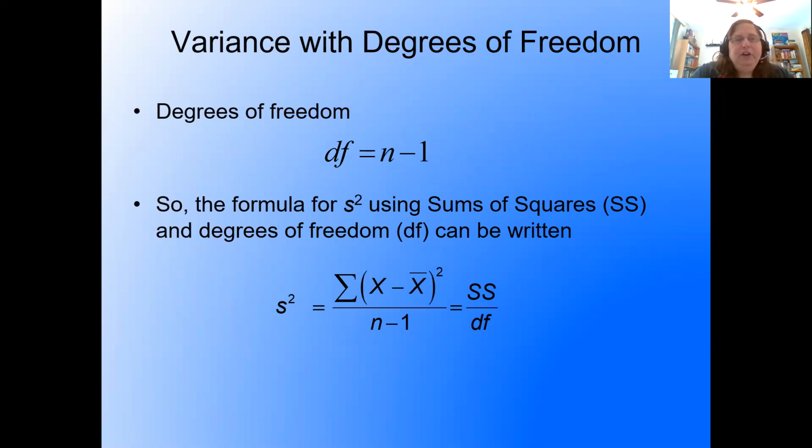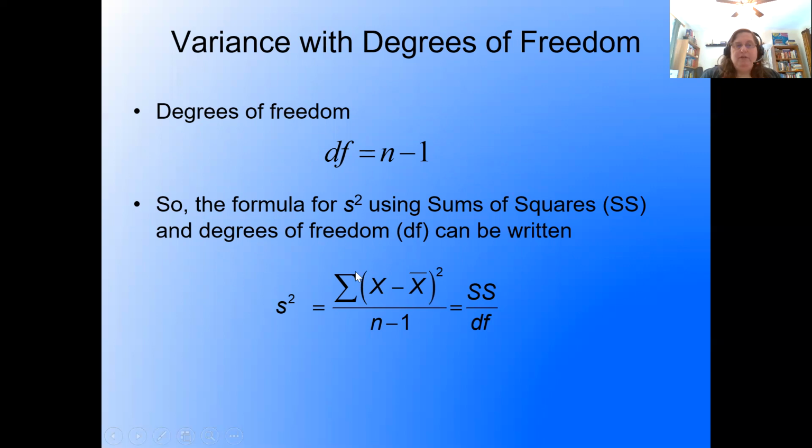So since our degree of freedom is n minus 1, this means we can actually rewrite the formula for the sample sums of squares, or S squared. So the formula for S squared, the formula for sample variance, can be rewritten using sums of squares and degrees of freedom.